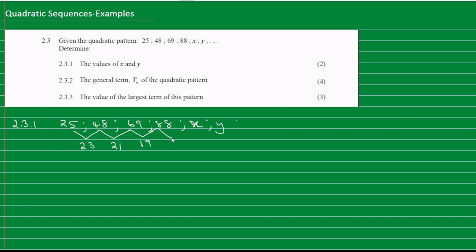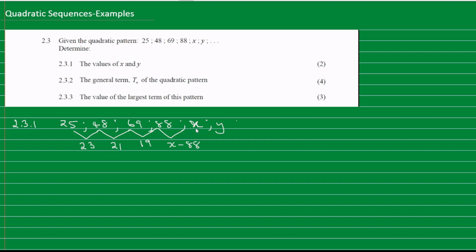And then when we subtract here, this is now general, x minus 88. This is algebra now. Our difference here will be x minus 88.